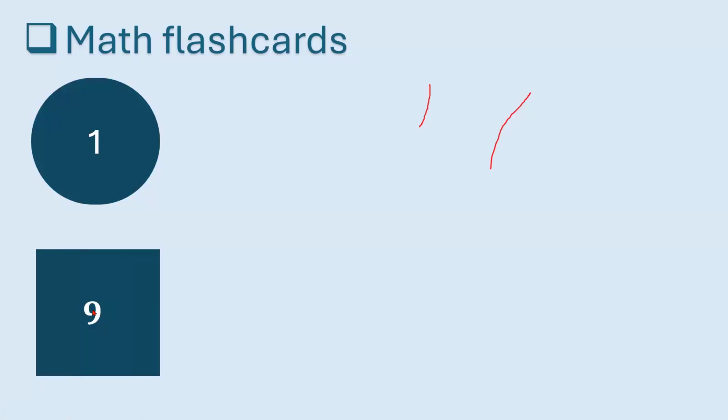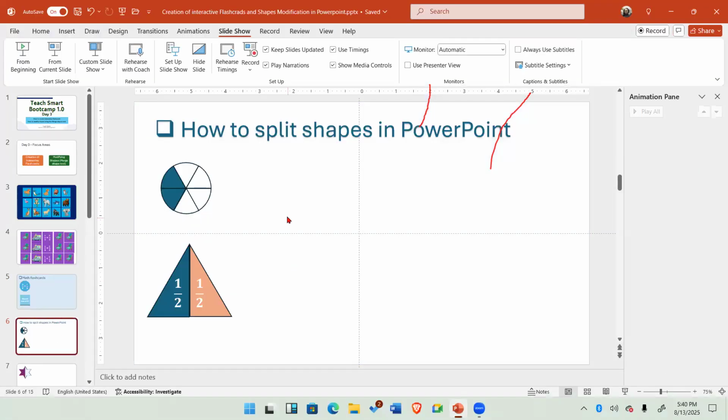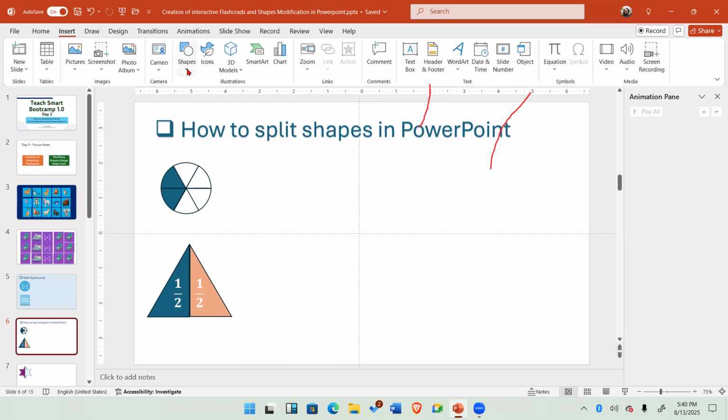Okay, so now let's go into how to split shapes, how to work with shapes. How do you part shapes? Let's say you have a circle and you want to divide it into 4, or into 6 and all that. How do we do that? So I'm going to go over that now. Insert circle.